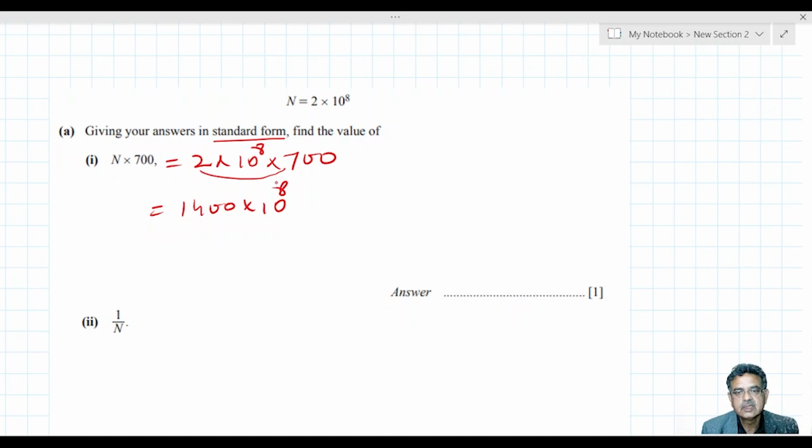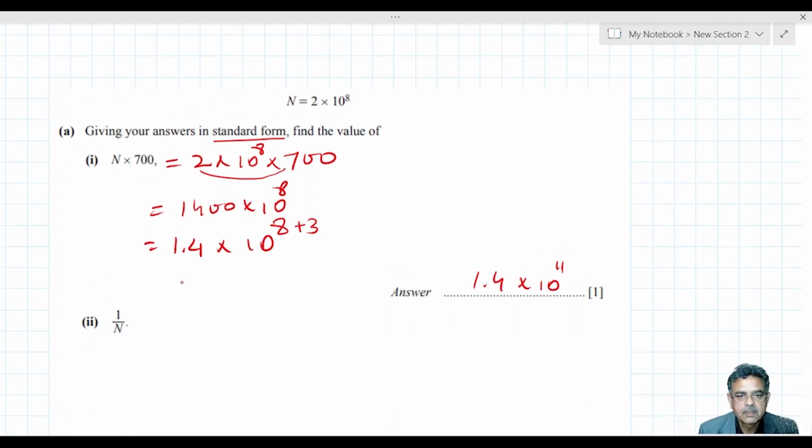Now changing it to standard form, this decimal is moved 3 places to make it smaller. As it is made smaller, equivalent to 3 places, so 3 will be added here. So the answer is 1.4 into 10 to the power 11.